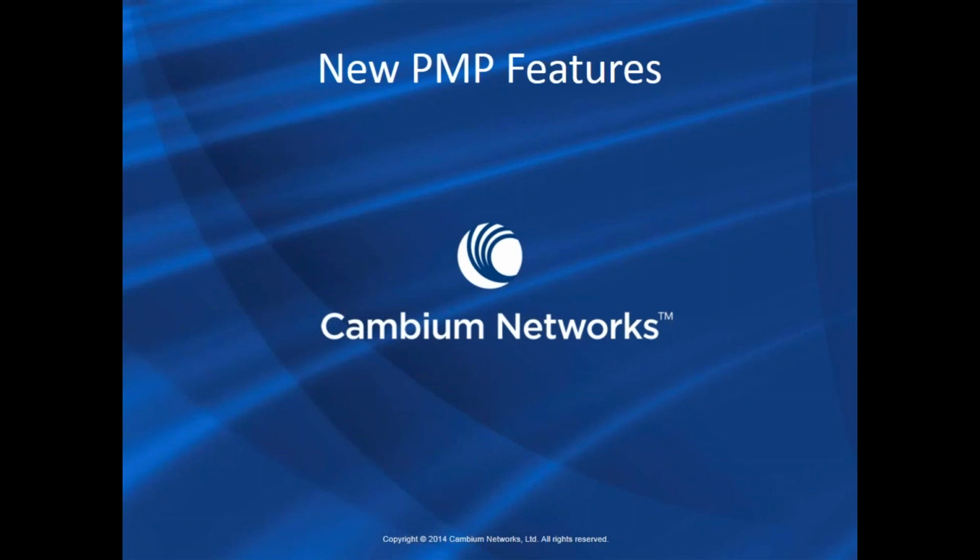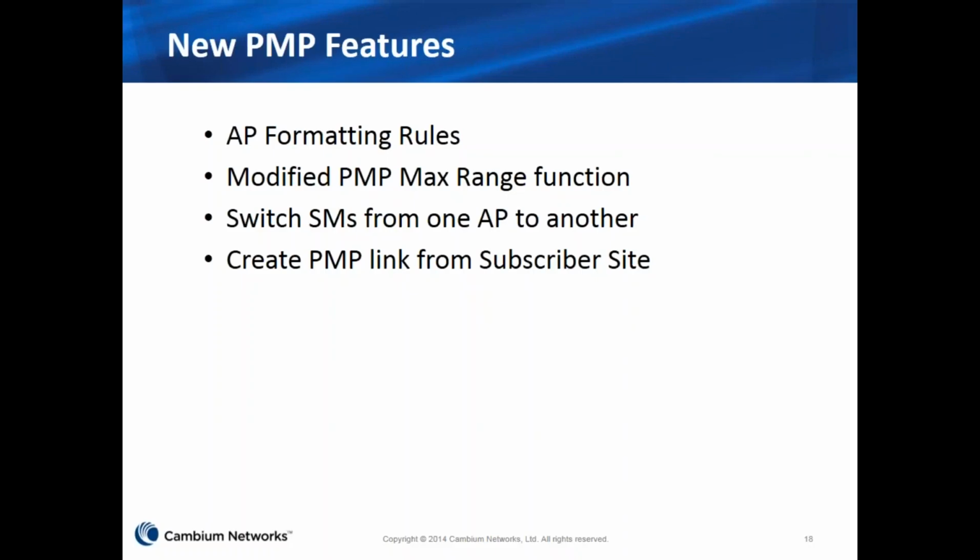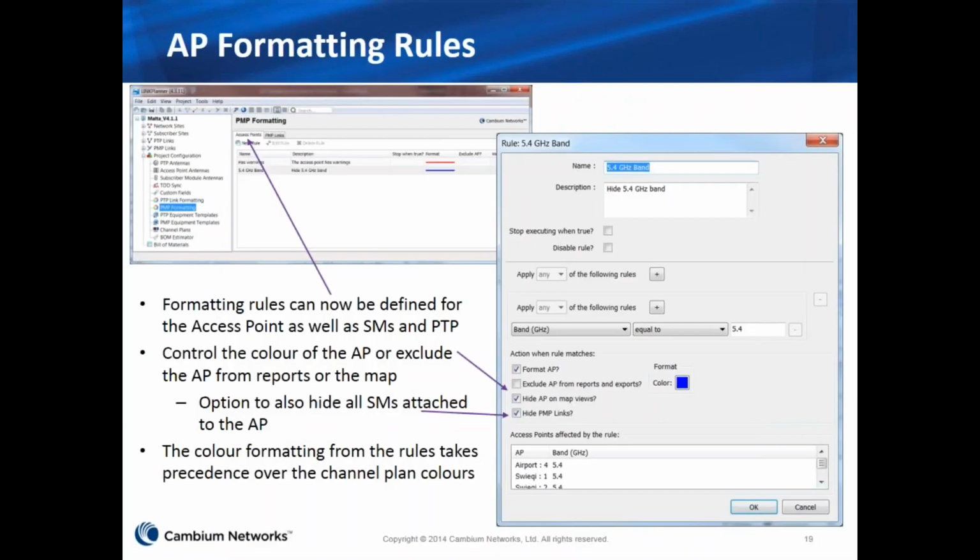So we're now going to move on to the new PMP features we've been putting in, and these cover a number of different features. We've had the ability to do PTP link formatting for some time, and then we added the ability to add some formatting rules to PMP links, and we've recently extended this to include the access points.